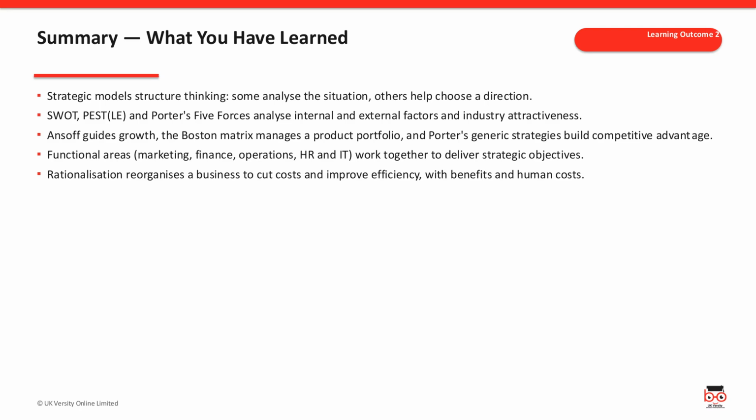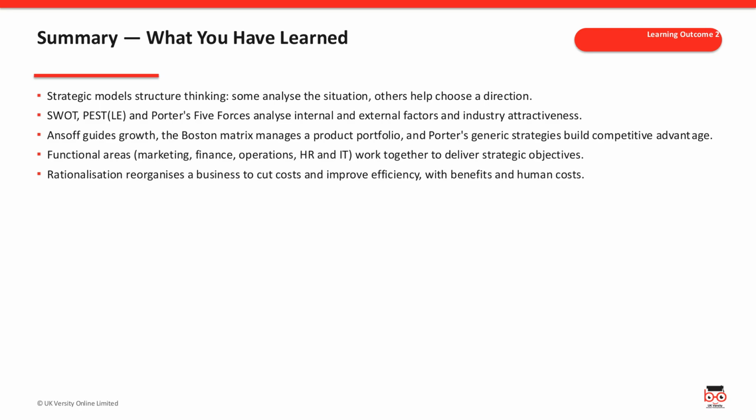Let's pull this outcome together. We've seen that strategic models structure thinking, some analyzing the situation, and others helping choose a direction. SWOT, PESTLE, and Porter's five forces examine internal and external factors and industry attractiveness, while Ansoff guides growth.